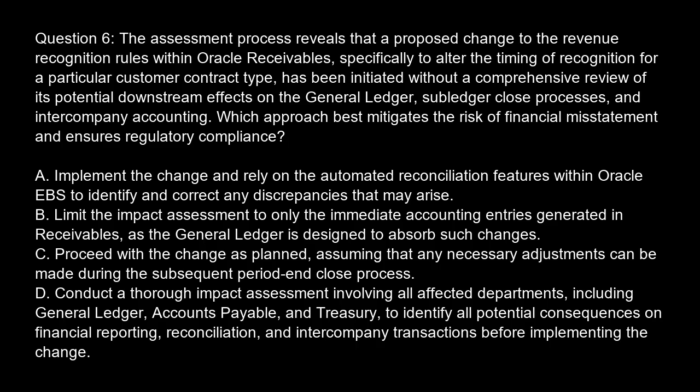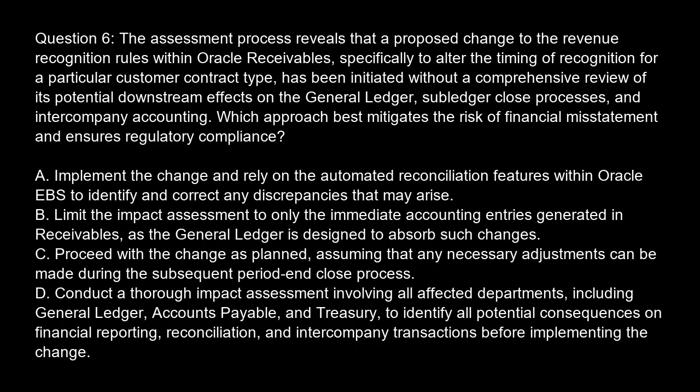Option A. Implement the change and rely on the automated reconciliation features within Oracle EBS to identify and correct any discrepancies that may arise. Option B. Limit the impact assessment to only the immediate accounting entries generated in Receivables, as the general ledger is designed to absorb such changes.